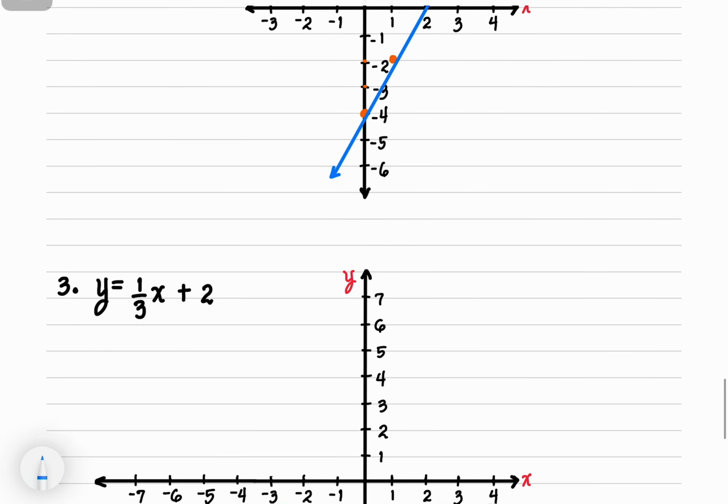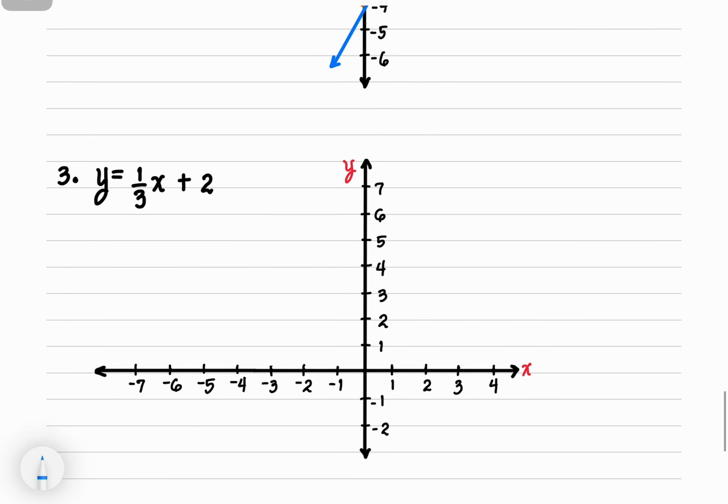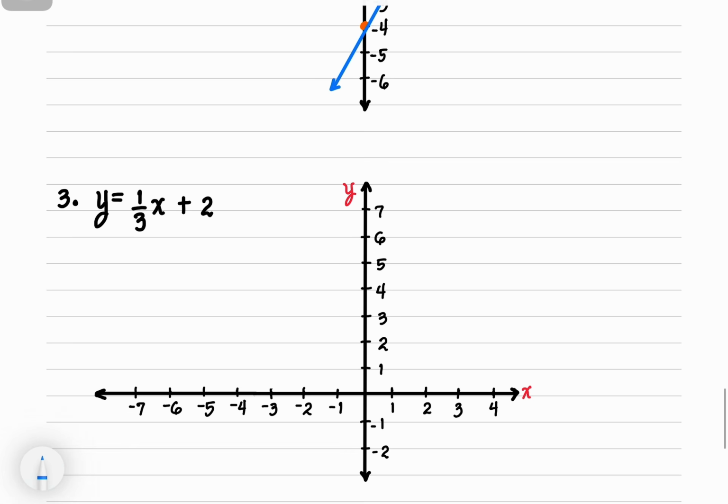So, next, number 3. Okay, so what if ganito naman yung given natin? So, using slope-intercept form, naka-y form na siya. Okay? So, i-determine lang natin dito yung ating y-intercept. So, yung y-intercept natin, which is positive 2, no?